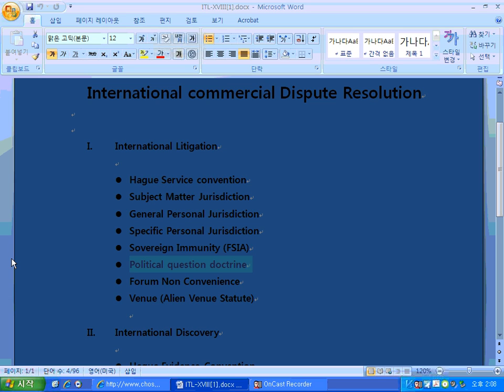The other concept can be conceived as a kind of international comity. So the national courts of the United States often see it as derived from traditional ways of international interplay.